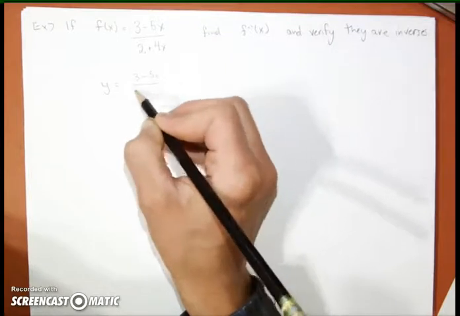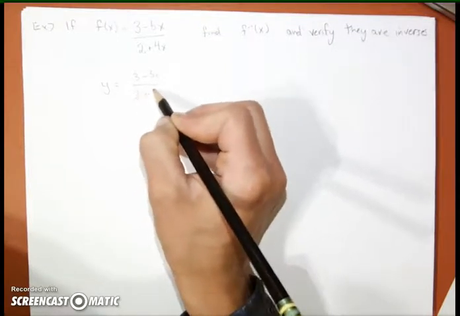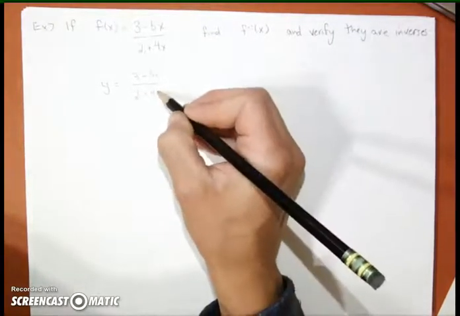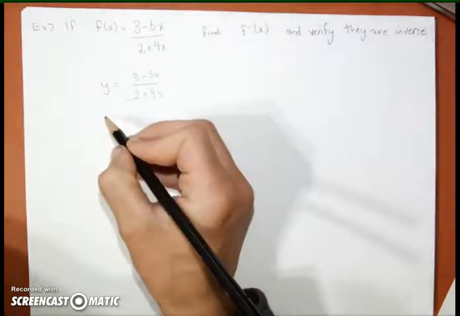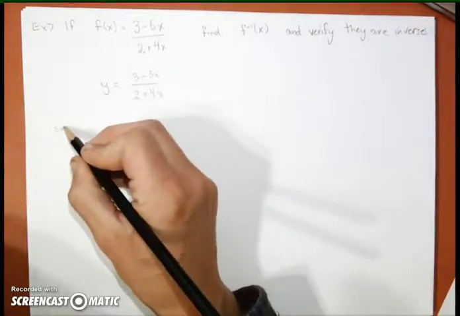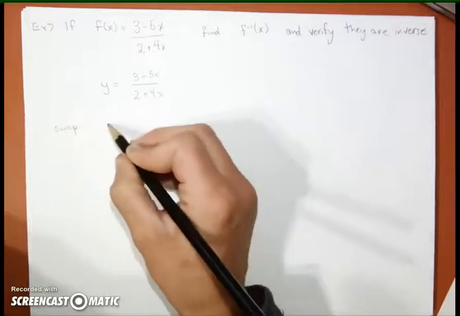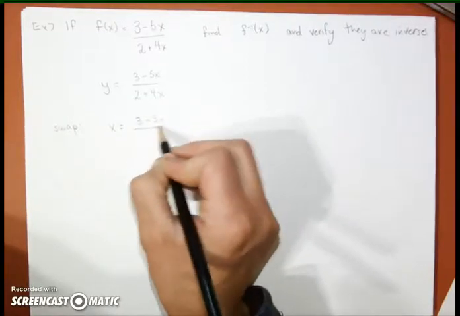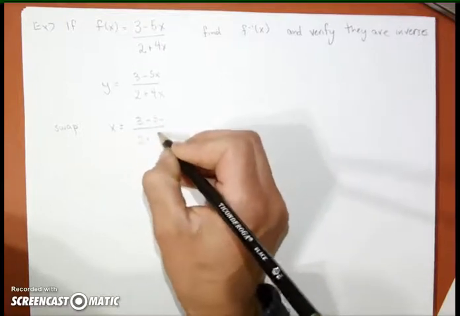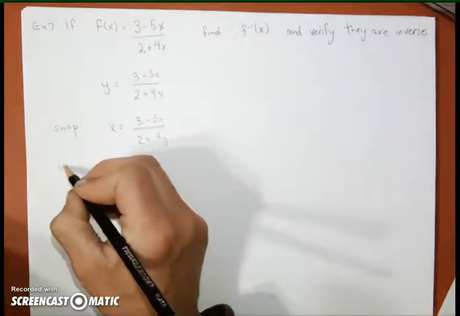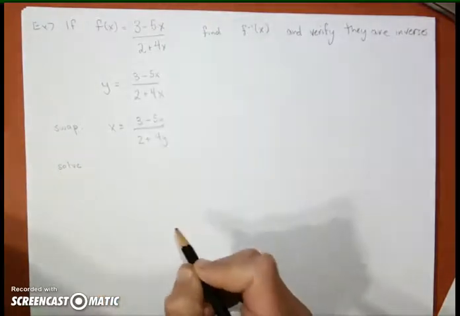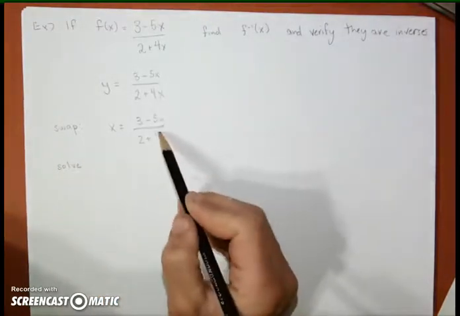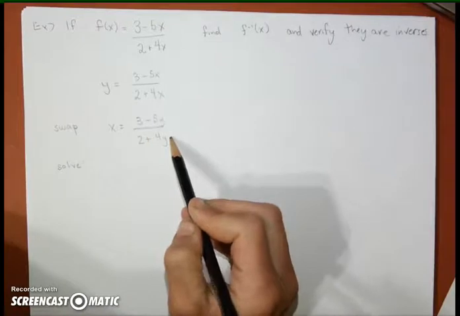The expression f is the same as y equals 3 minus 5x over 2 plus 4x. My first step is to swap x and y. So x equals 3 minus 5y over 2 plus 4y. And now I need to solve for y. That's where it gets a little bit tricky. So the first thing I'm going to do, I don't like that there's something in the denominator.